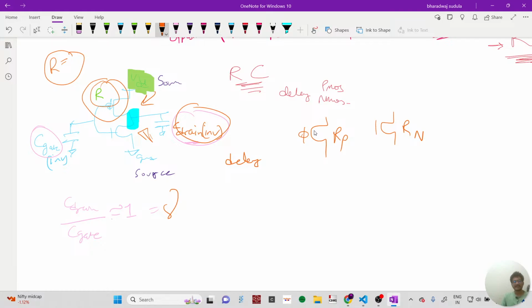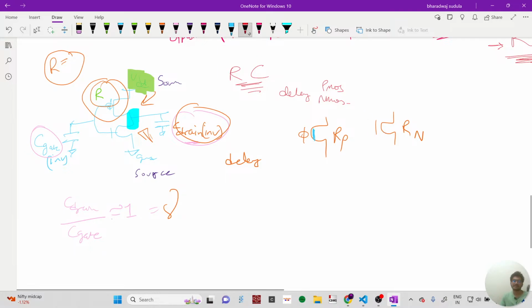So as I said, this resistance depends on the kind of substrate we have used and the kind of process that has been carried out. It depends on the diffusion strength, whether it is strongly diffused, and a lot of aspects.